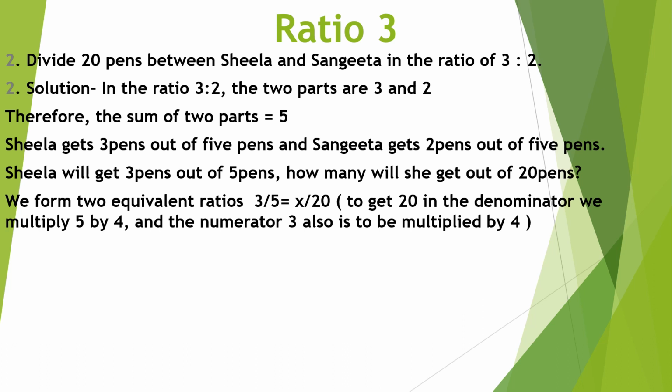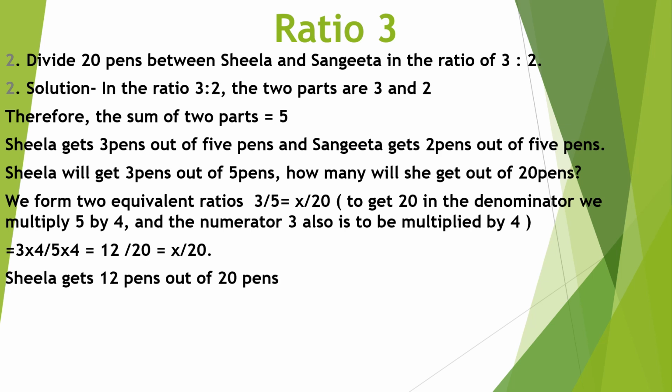Now to get 20 in the denominator, we multiply 5 by 4 and the numerator 3 also is to be multiplied by 4. 3 into 4 upon 5 into 4 is equal to 12 upon 20, which is equal to x upon 20. So here x will be equal to 12 and Sheila gets 12 pens out of 20 pens.